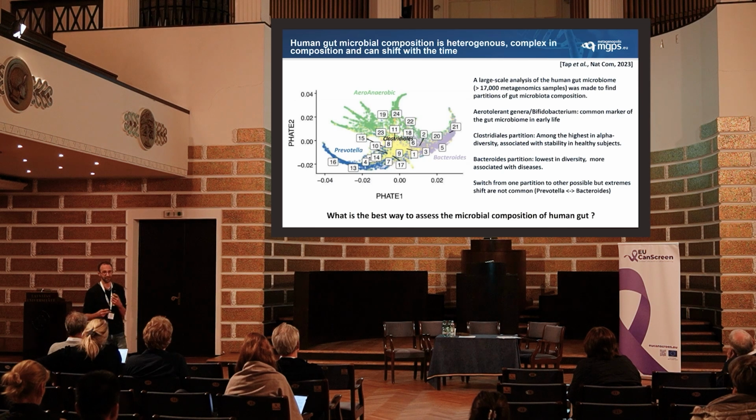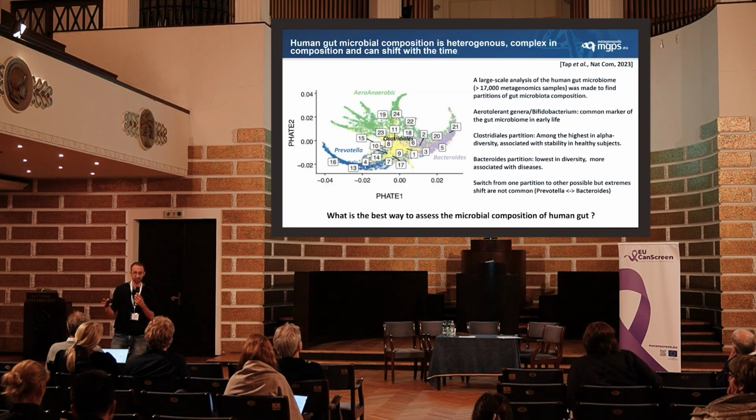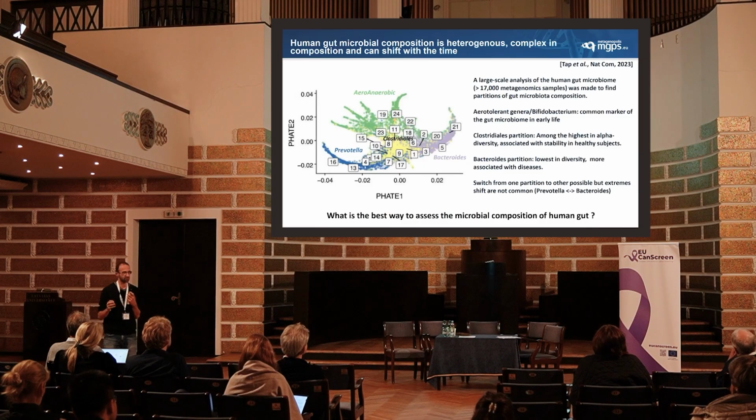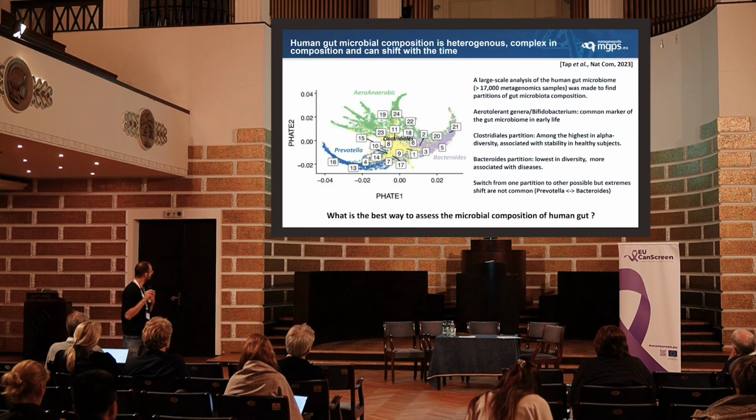The human microbiota is a very complex, very heterogeneous ecosystem. A recent study analyzed about 20,000 microbial samples from 20,000 donors, and they tried to show the differences in composition. The plot on the left is a kind of PCoA-like representation. Each dot is a donor.